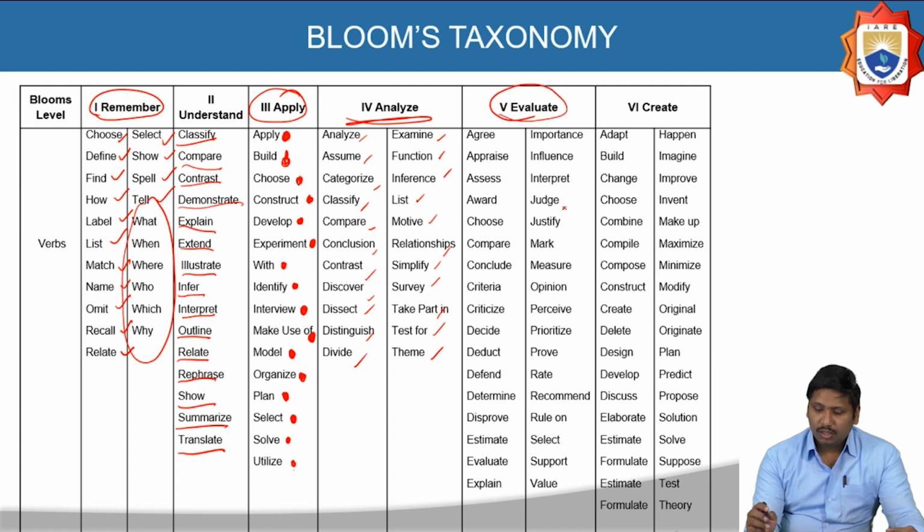Here evaluate includes agree, appraise, assess, award, choose, compare, conclude, criteria, criticize, decide, deduct, defend, determine, disprove, estimate, evaluate, explain, importance, influence, interpret, judge, justify, mark, measure, opinion, perceive, percentage, prove, rate, recommend, rule on, select, support, and value.